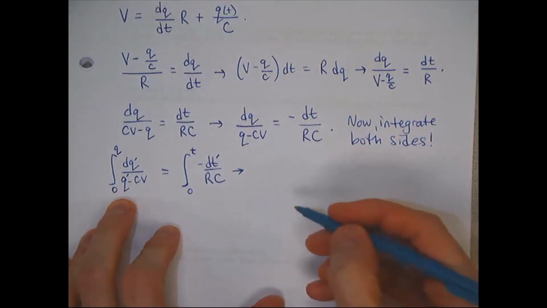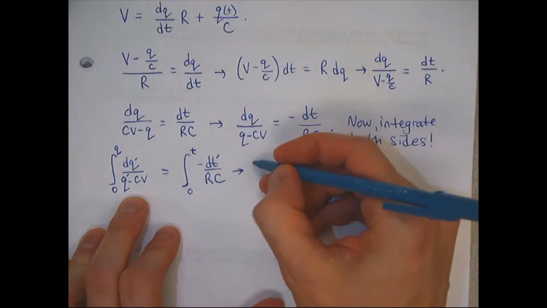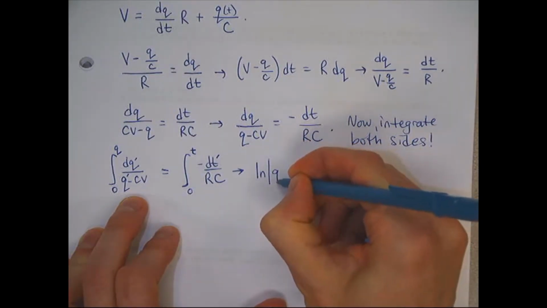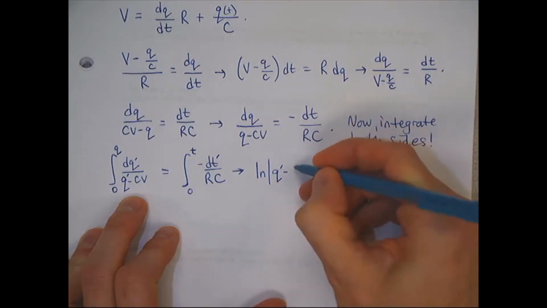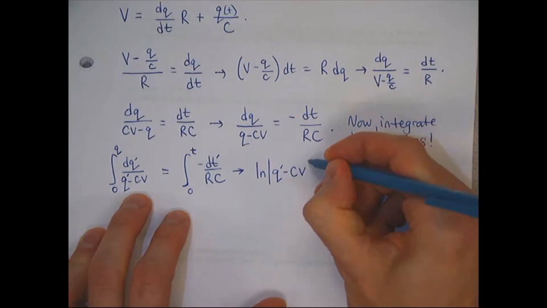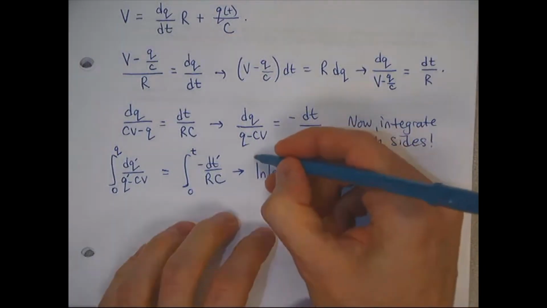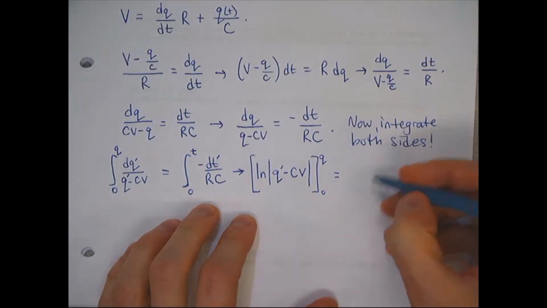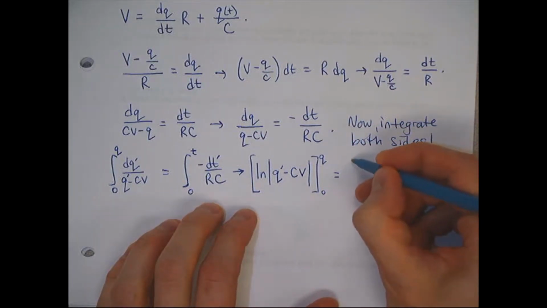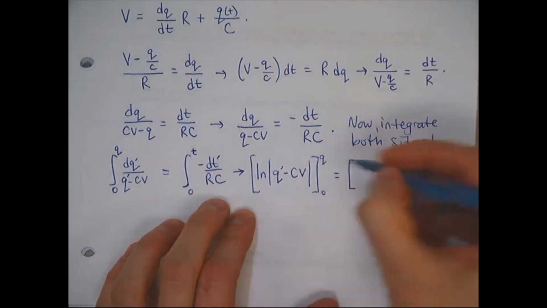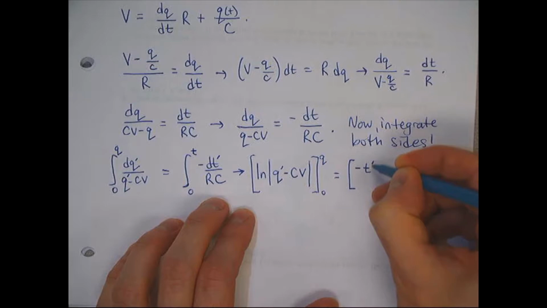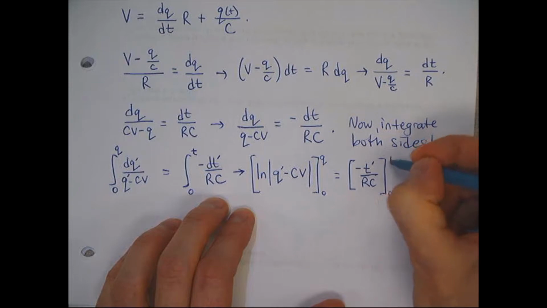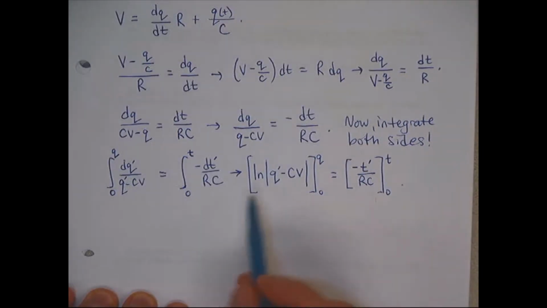What do we get in this process? We have the natural log of the absolute value of q prime minus CV. We need to evaluate that from 0 to q, equals the integral of minus dt prime, which is just minus t prime over RC. We're very close to a solution now.